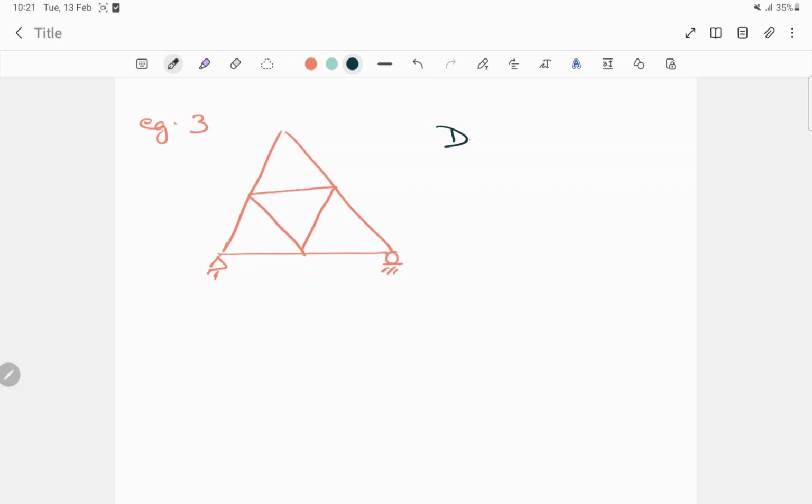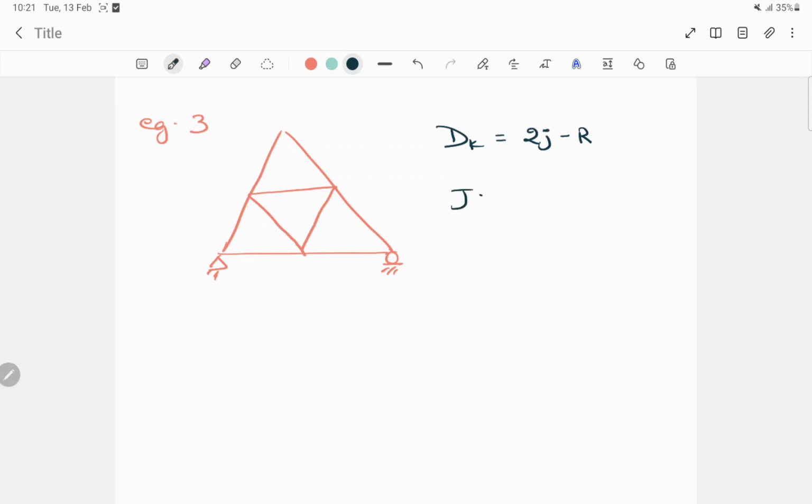Okay, so example number 3. This is a truss, and here also one side is a hinge and the other side is a roller. The truss figure is like this in this case. Now by using the formula, we know the formula, that is dk is equal to 2j minus r.